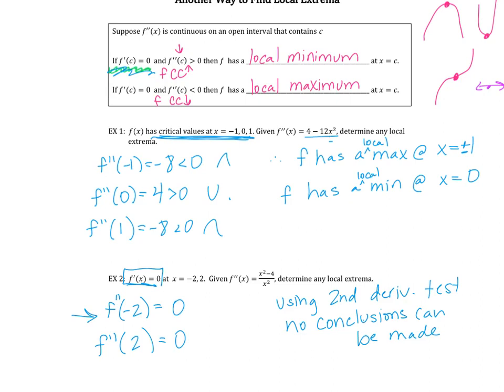So all I'm asking you to do on your homework, let me be very clear, is to use the second derivative test. I'm not asking you to find the maxes and mins and thus use the first derivative or try to figure it out. You're only writing the answers that you can find using the second derivative test.